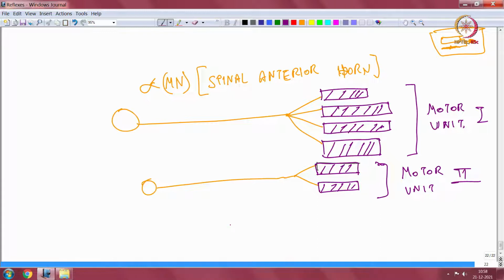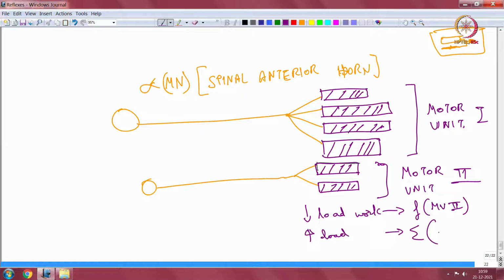So, if the brain perceives that there is a low load work, it would activate motor unit 2, and as the load increases it would summate both motor unit 1 and motor unit 2. So, you have the option of grading power. Power which is generated can be graded neurologically, and that happens through the recruitment of various motor units.